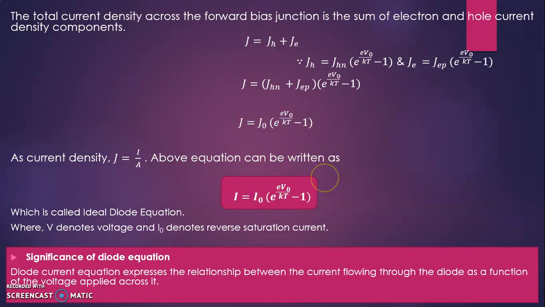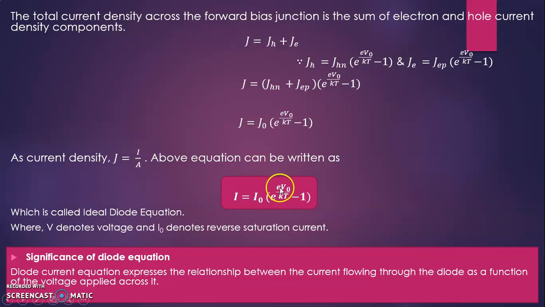I am repeating again the ideal diode equation: I is equal to I0 into (e^(eV0/kT) minus 1), where I is the current, I0 is the saturation current, and inside the bracket, e is the charge, whose value is 1.6 into 10 raised to minus 19.